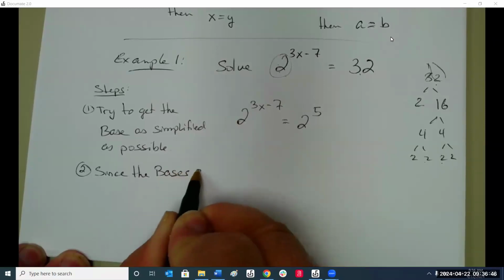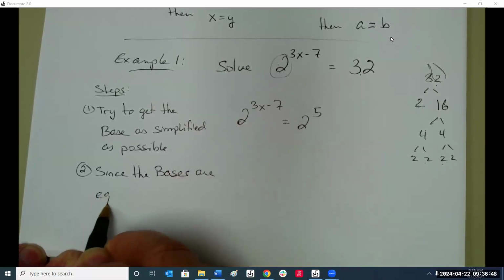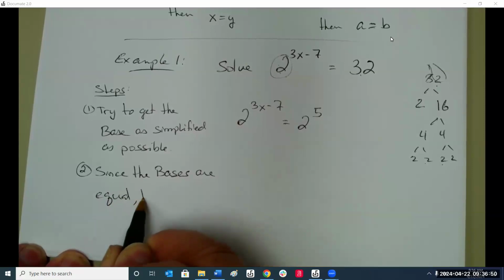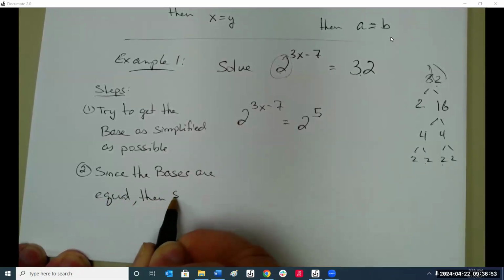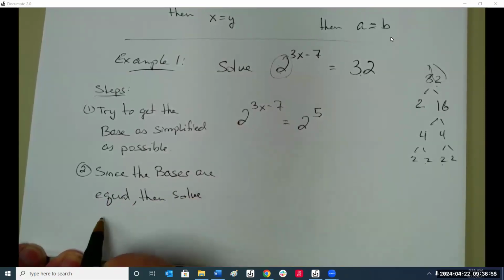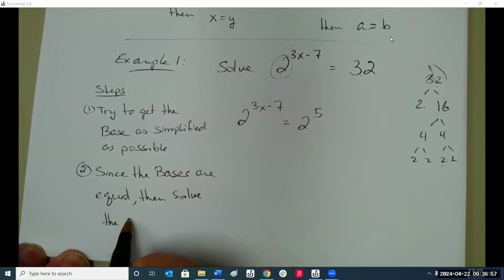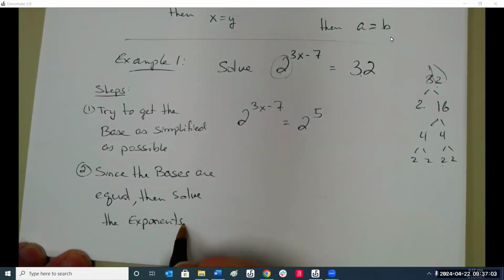Since the bases are equal, then solve the exponents for x.